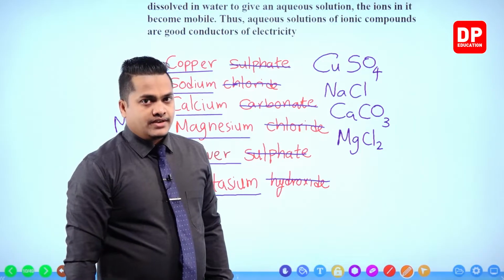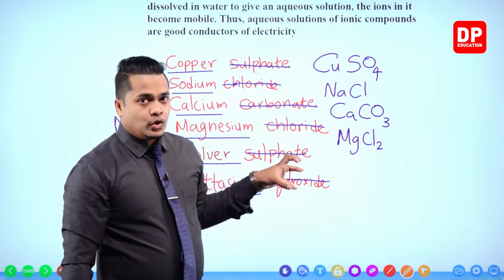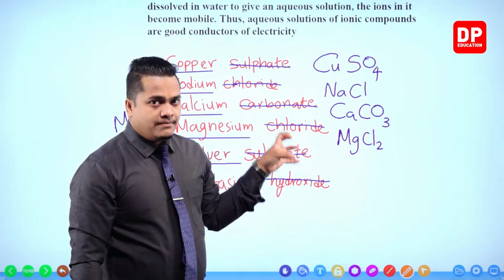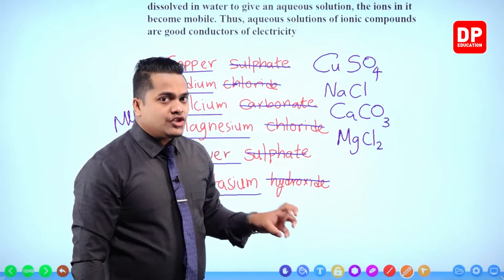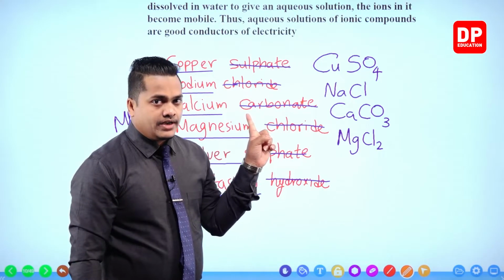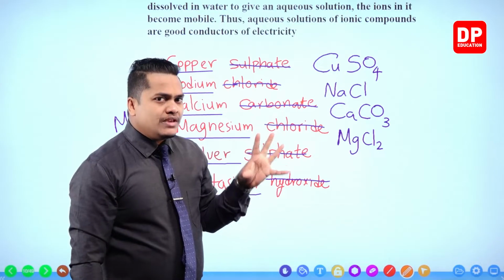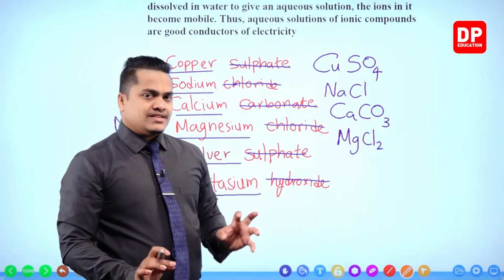Specialty here is that, my dear children, these substances are made by oppositely charged ions. The previous sentence told that thing, right? So what do you mean by oppositely charged ions? It's like this.